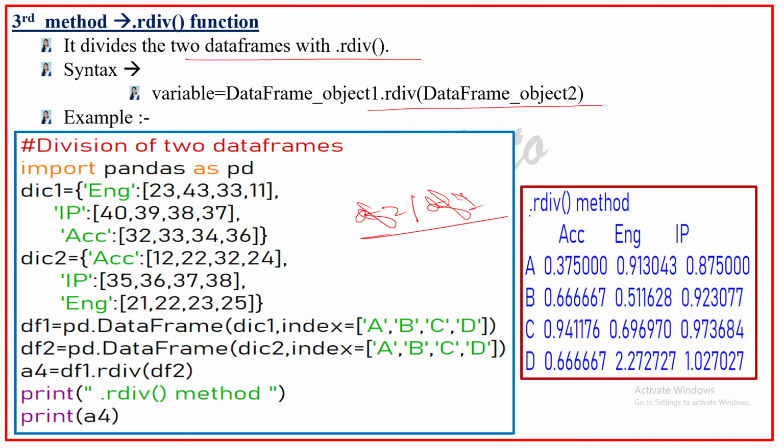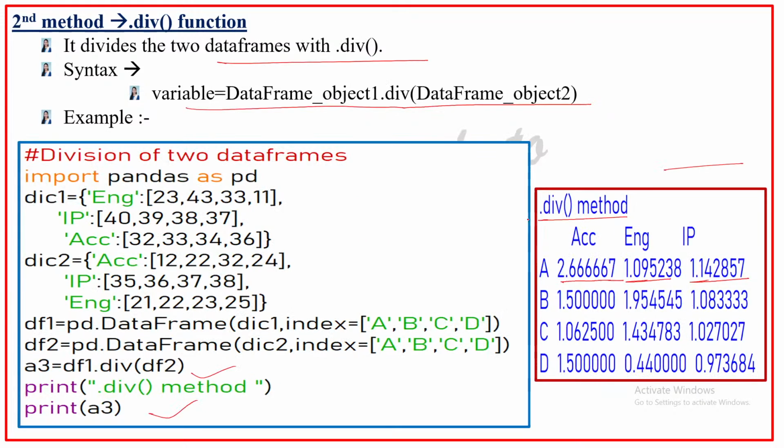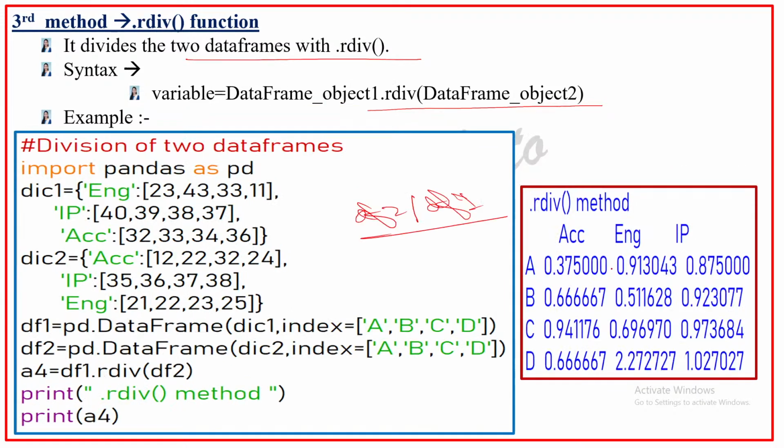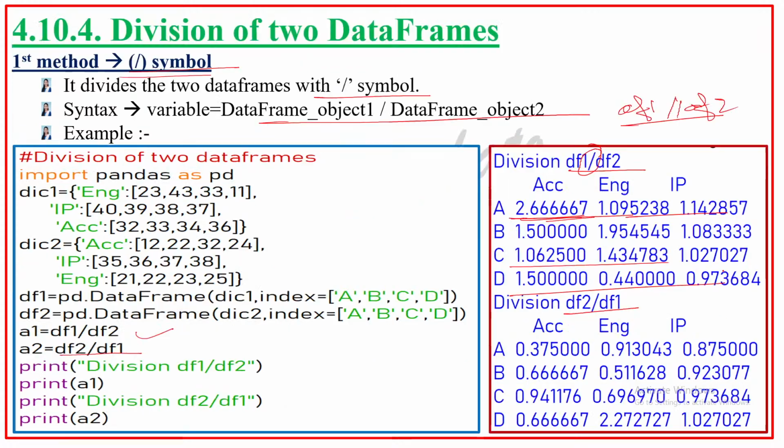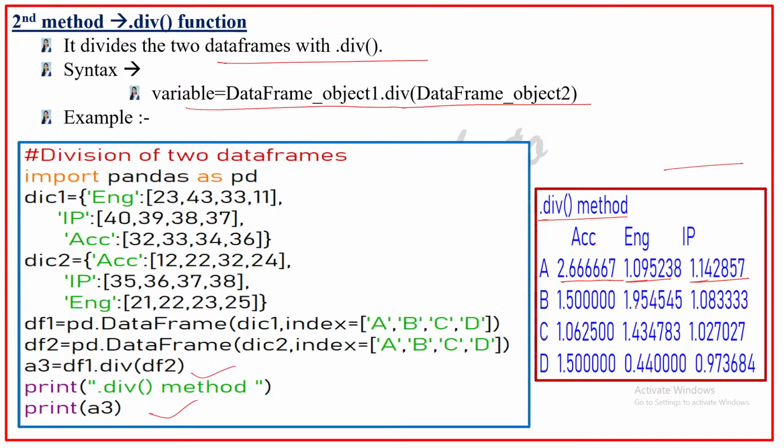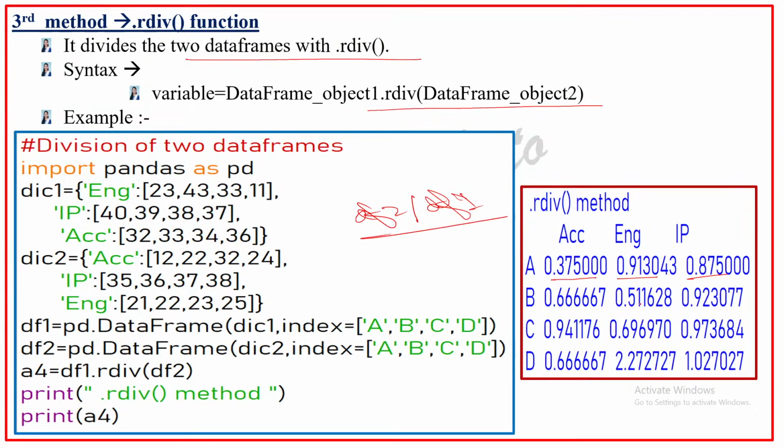Look here, the output 0.375, 0.913, 0.87. So df2 divided by df1 is equal to the dot r div method.